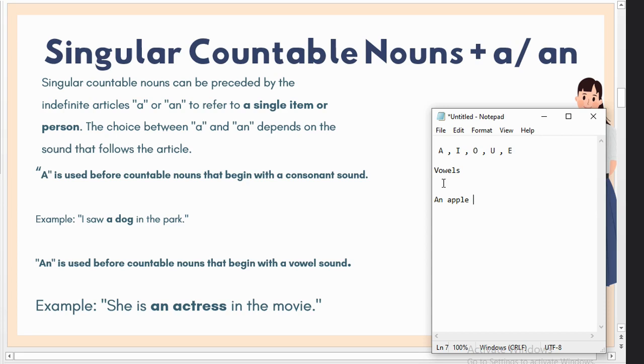We can use an with vowels and a with the consonant sound. An is used before countable nouns that begin with a vowel sound. Example, she is an actress. Yeah, we can say an elephant. So this is the vowel sound E. That's why we use an here.